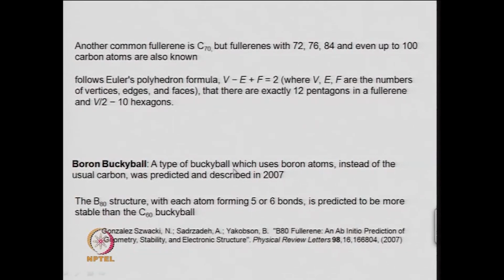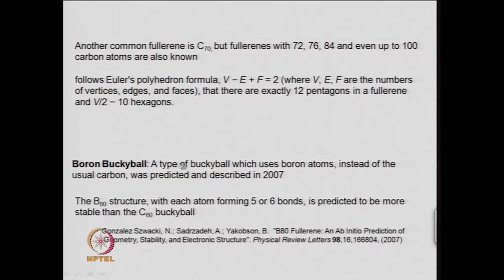Now, recently in 2007, instead of carbon, boron at the vertices has also been created to lead to a buckyball kind of structure. However, the formula which has been obtained is B80, with each boron forming 5 or 6 bonds, and it is predicted that it will be more stable than C60.